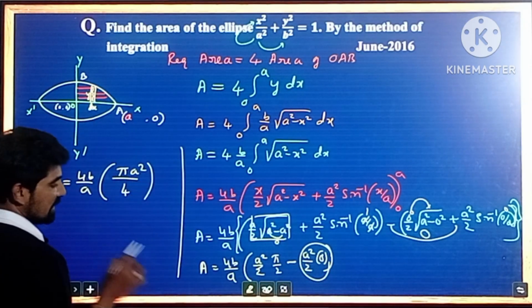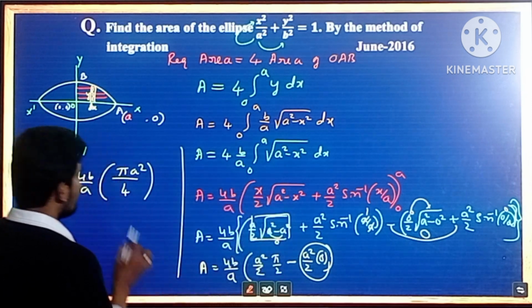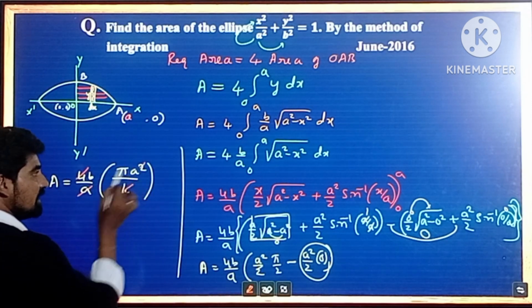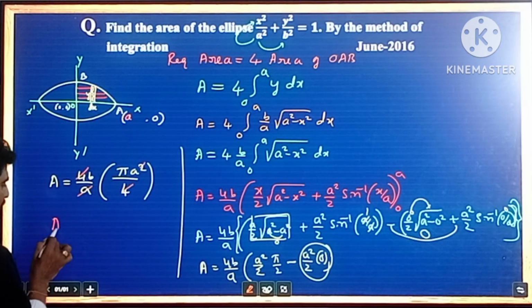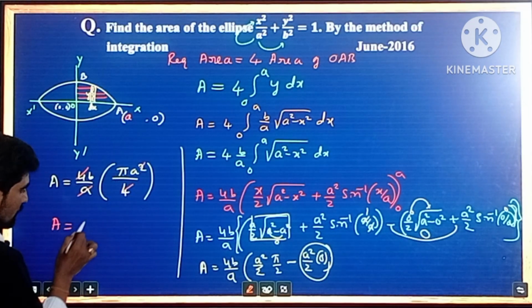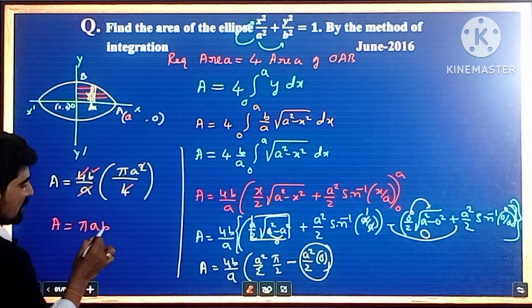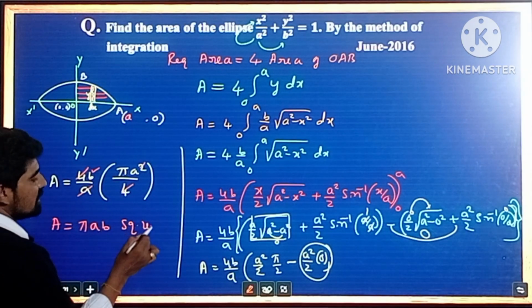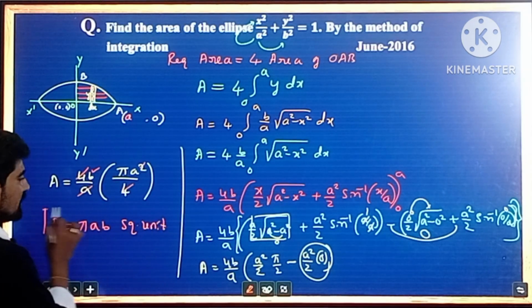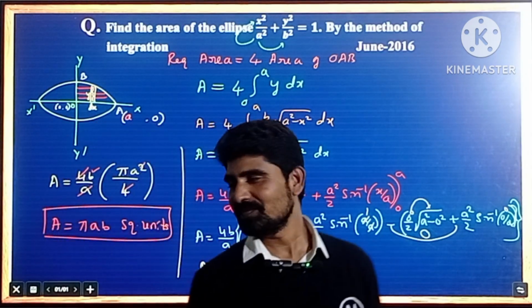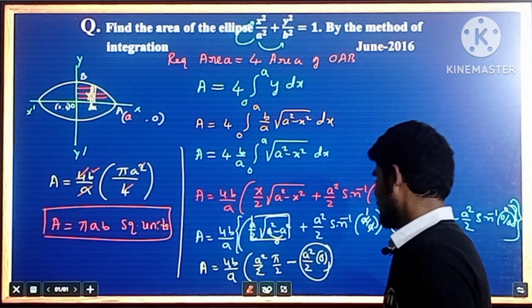So now here I can cancel 4 and 4, and a and a. So finally we got area is equals to pi into, here one a is cancelled, remains a into b. So therefore the area of this given ellipse is pi ab square units. I hope all of you understood. Now let's start the second question.